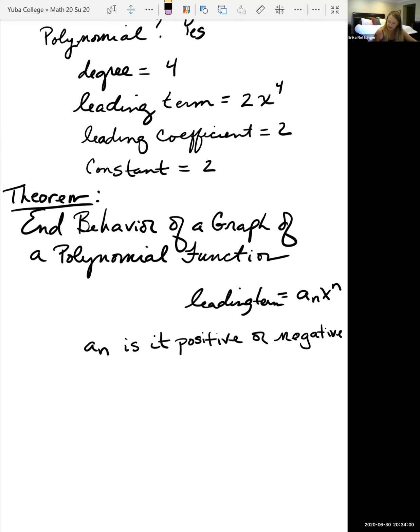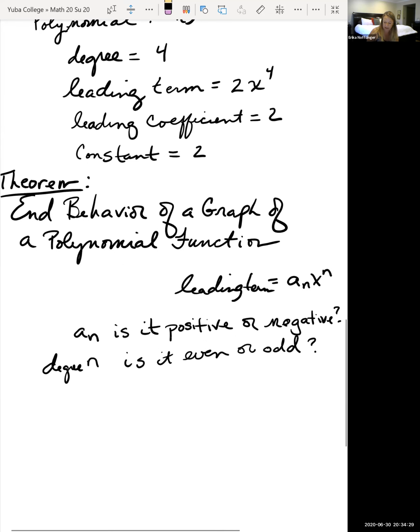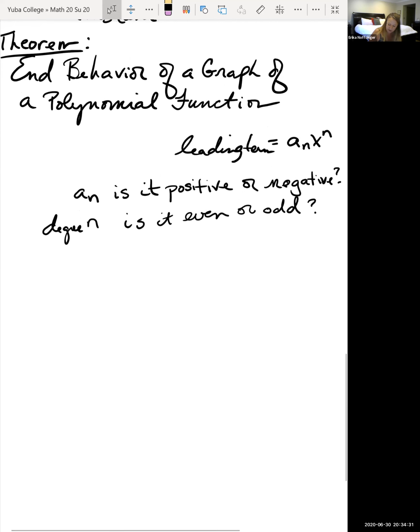And we need to look at if our degree n is even or odd. Okay, so depending on those conditions depends on what's going to happen to our graph as we go to positive or negative infinity. And so let's make a table here.